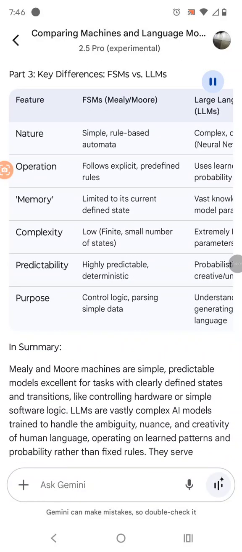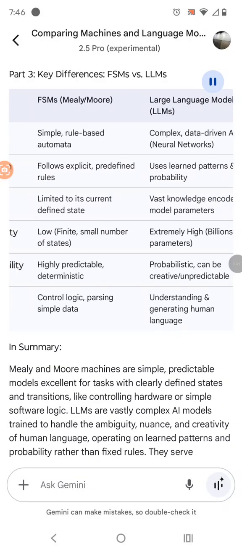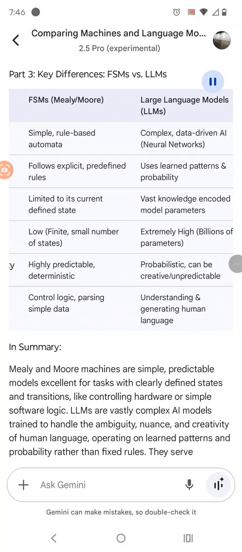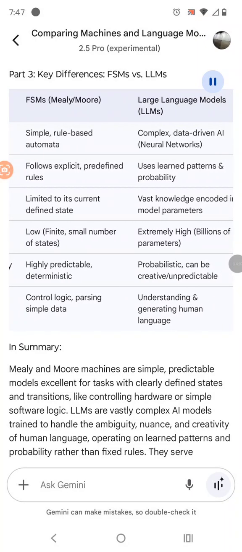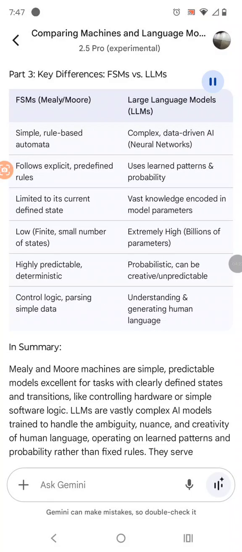Part 3. Key differences, FSMs versus LLMs. Feature, FSMs, Mealy/more, large language models, LLMs. Nature, simple, rule-based automata, complex, data-driven AI, neural networks.